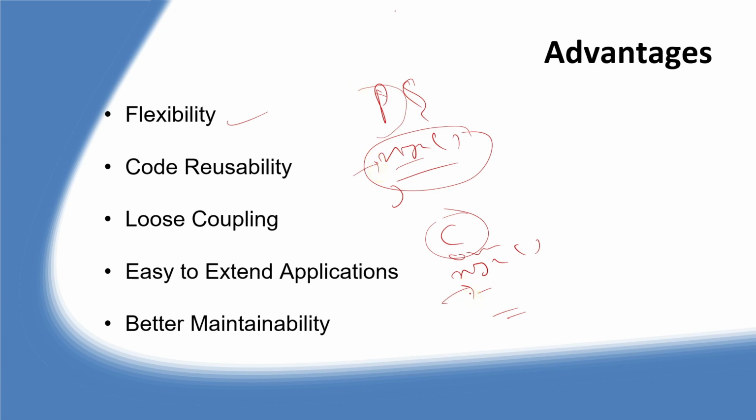There is no rigidity. That's why it is loose coupling. And it makes the application easier to maintain and extend. Even if we want to extend, we can extend it to further child classes and override those methods. So it is easy to extend and maintain.